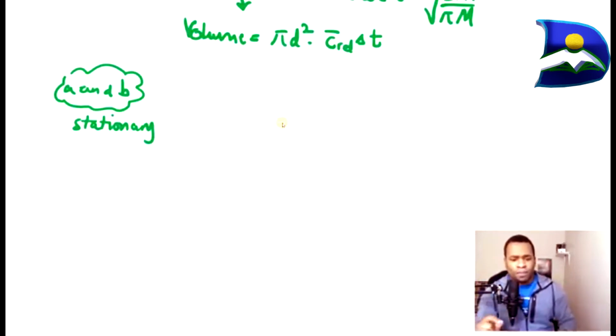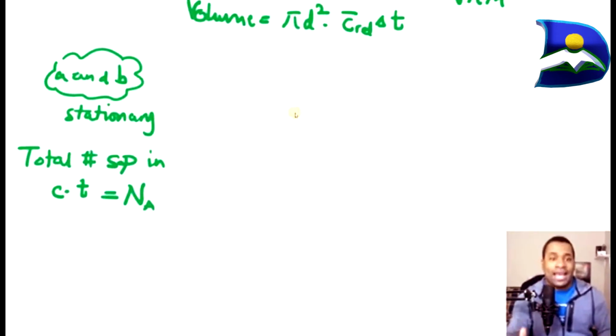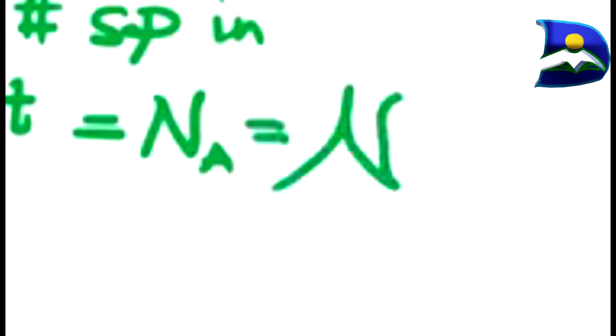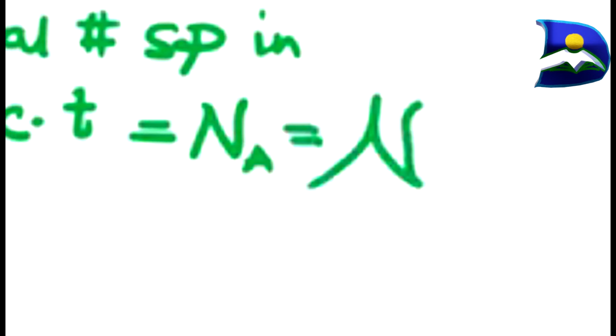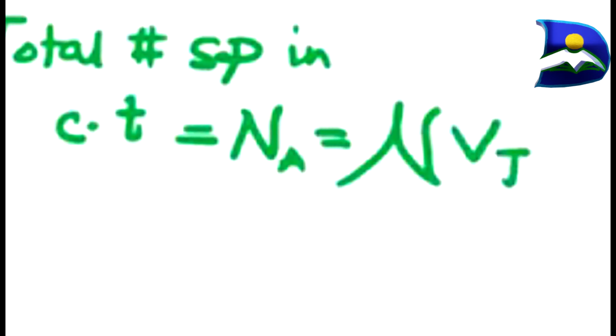So therefore, the total number of stationary particles or molecules in this particular collision tube is actually equal to Na, and Na is equal to this particular interesting N symbol multiplied by the total volume.